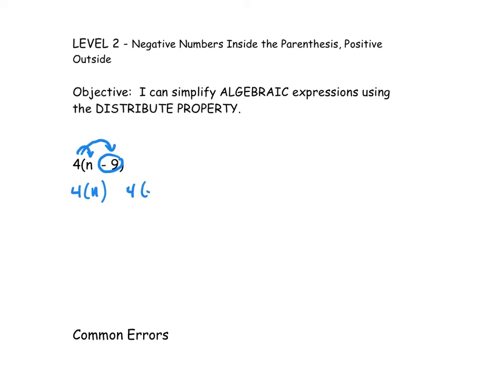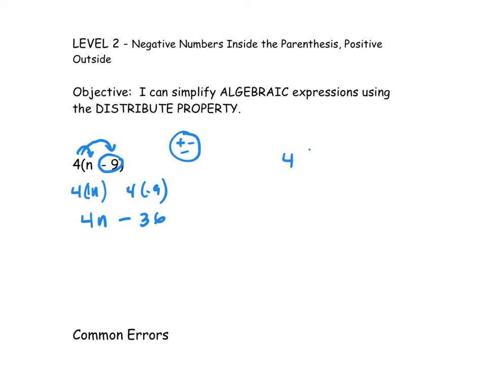When we do that, we're going to get 4 times n, or 1n, is 4n. And 4 times negative 9, if you recall, our little Margar face is a positive times a negative is a negative. So I'm going to write that negative 36 as minus 36.